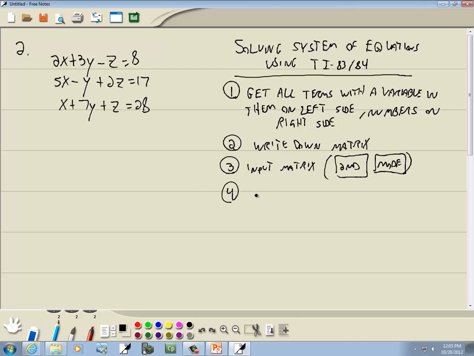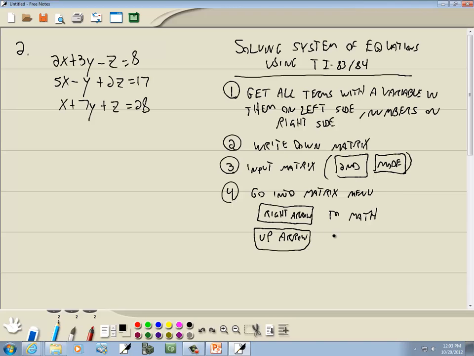Step 4, we're going to our matrix menu. Actually, let me just write that out that way. So go into the matrix menu, and we're going to right arrow, to math, and up arrow to RREF. Then we'll do enter.